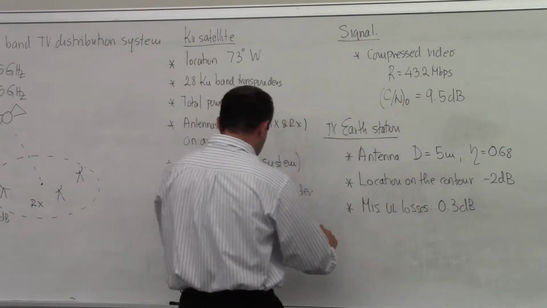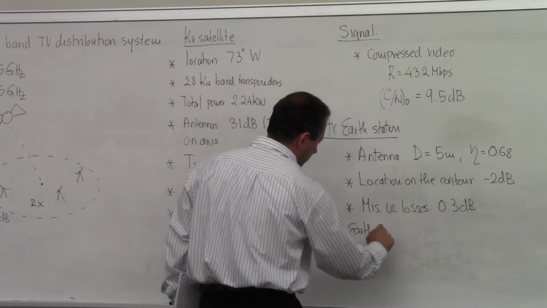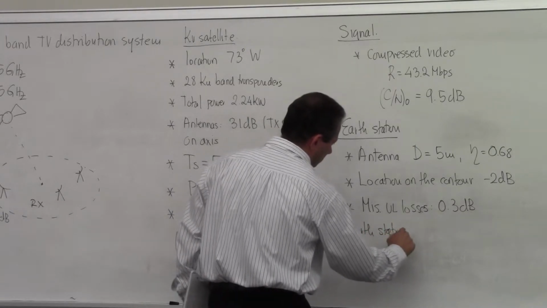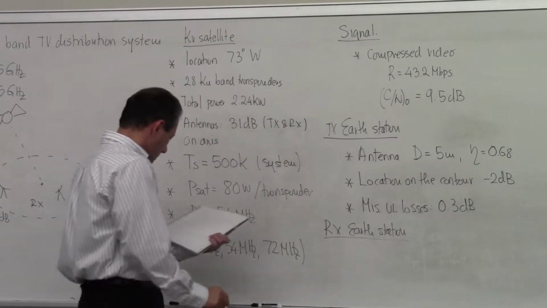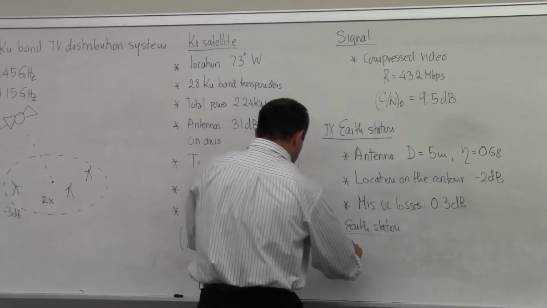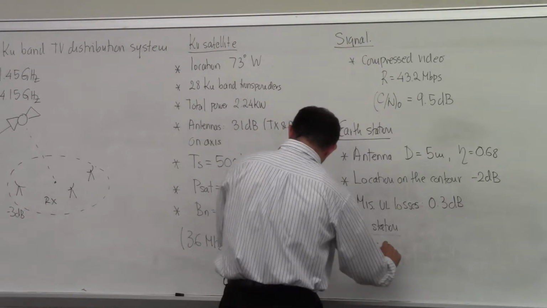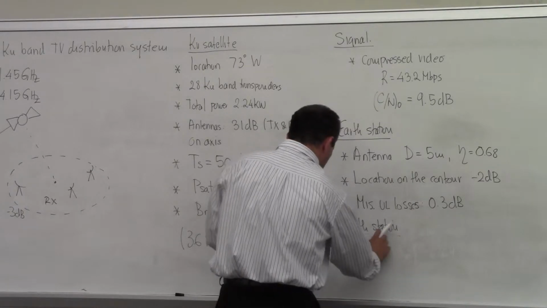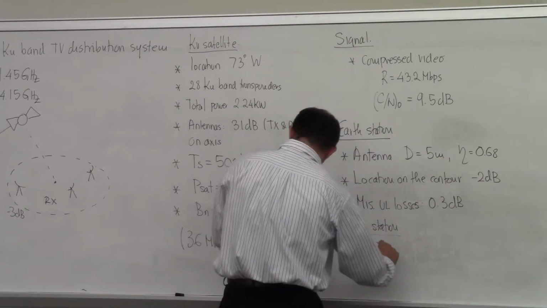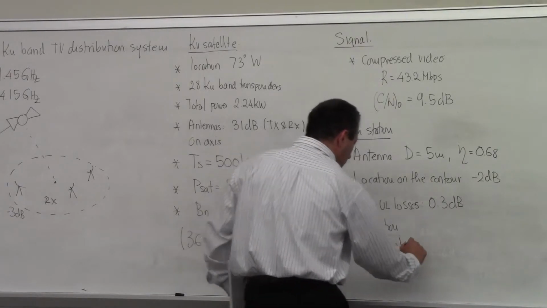And then the RX earth station has the following parameters. The system noise temperature is, actually, the antenna noise temperature is 30 K. This is the antenna.